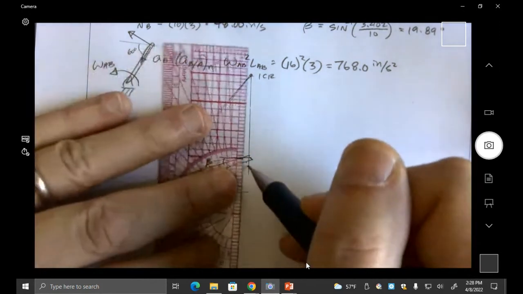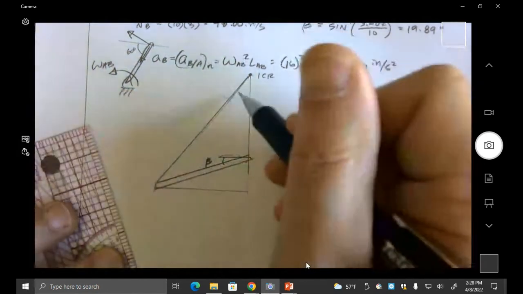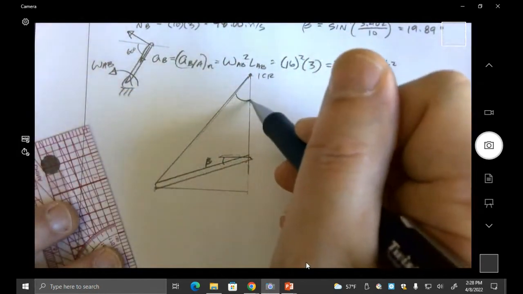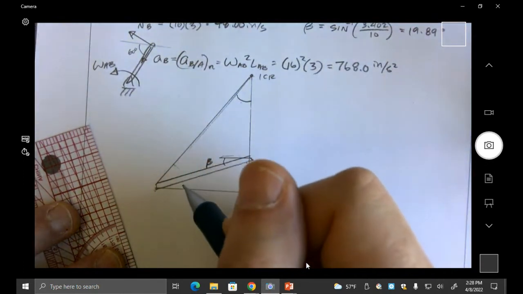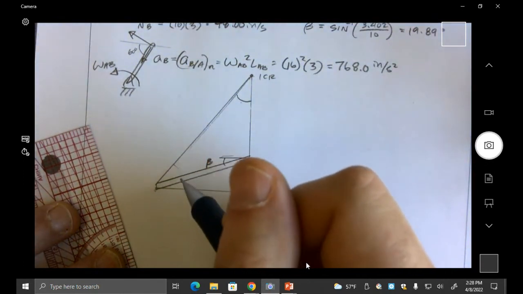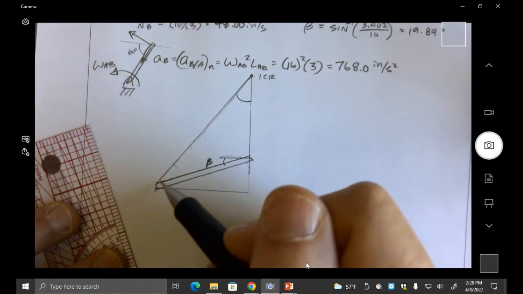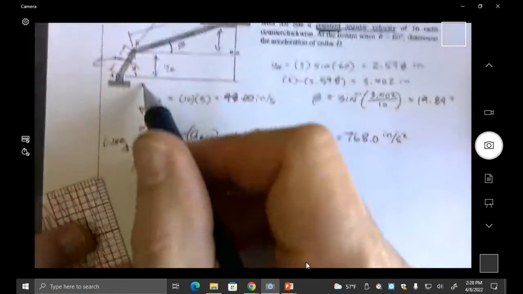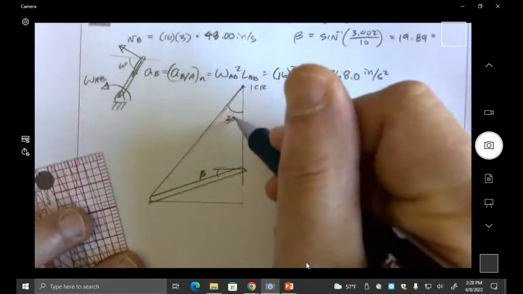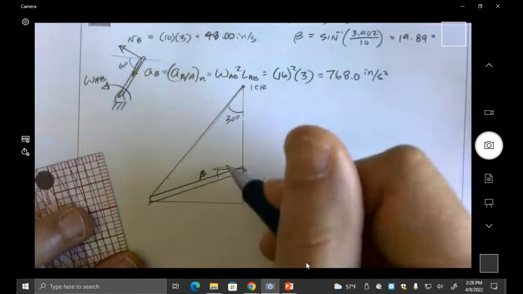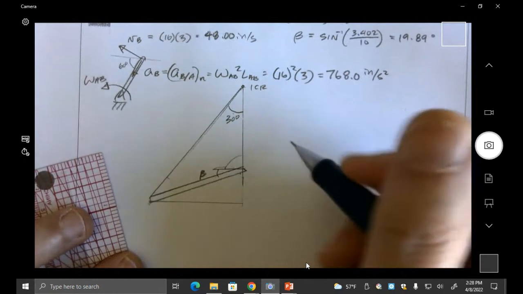I could draw this larger triangle right here. This is going to be 30 degrees because this right here is 60 degrees, right? Because this line is the one that was in line with this original piece that made that 60 degrees. So this is 30 degrees. This is 90 degrees right there.